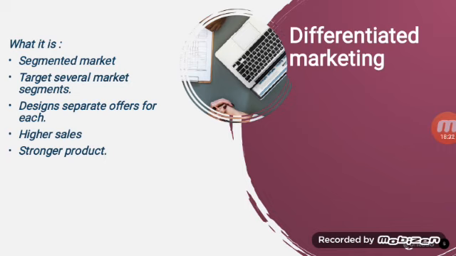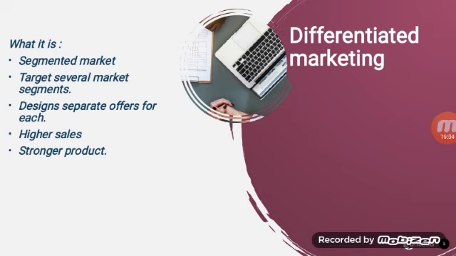Maybe this company has 2 or 3 market segments which it chose to serve. For each different market segment, the company offers different promotions, different prices, or different offerings. In differentiated marketing, the company or business will target several market segments.